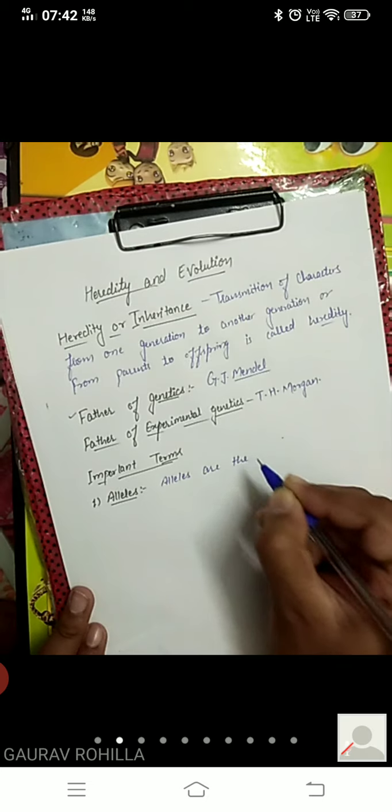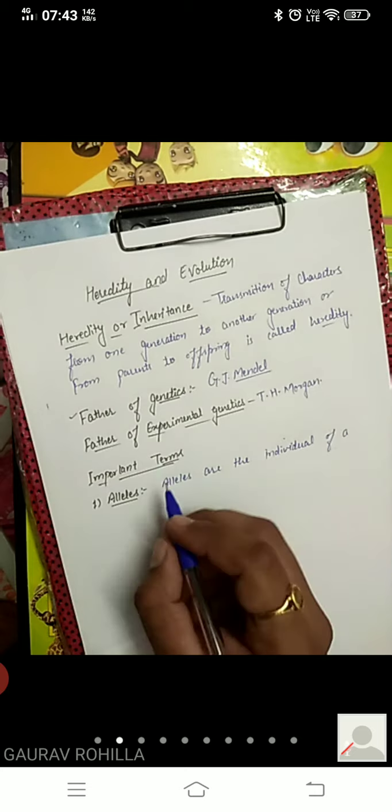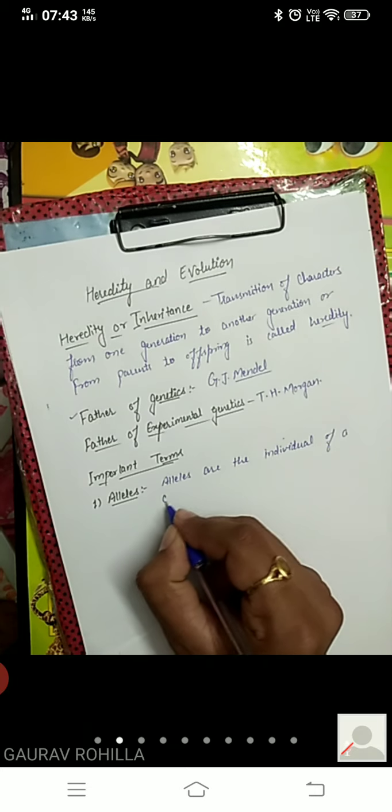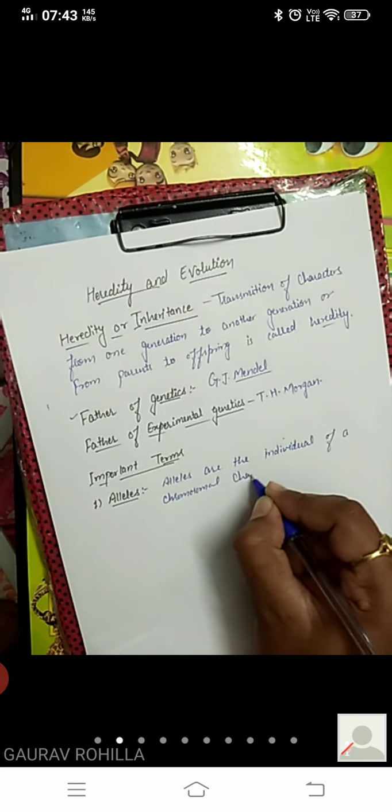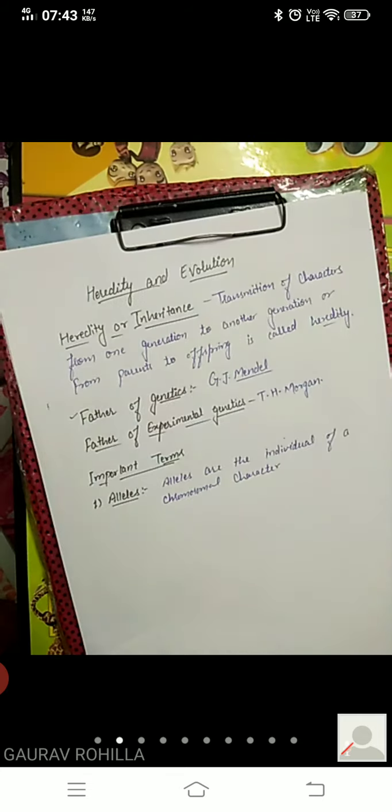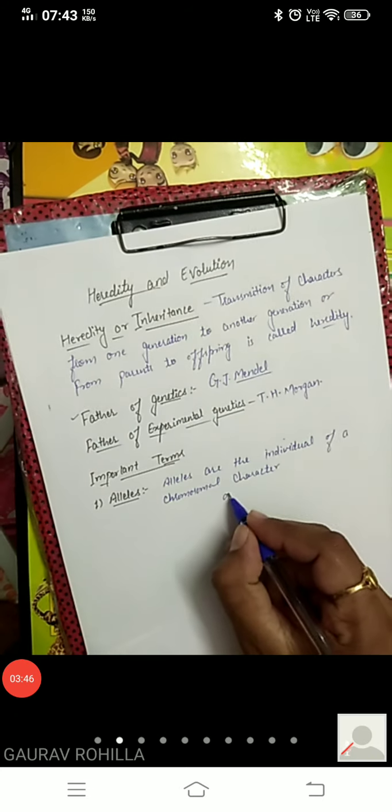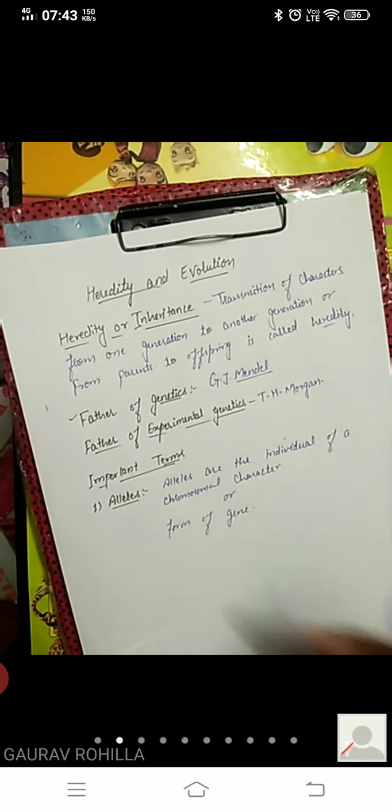Alleles are the individual chromosomal character or form of gene. First of all, we define gene. After that, we define allele.